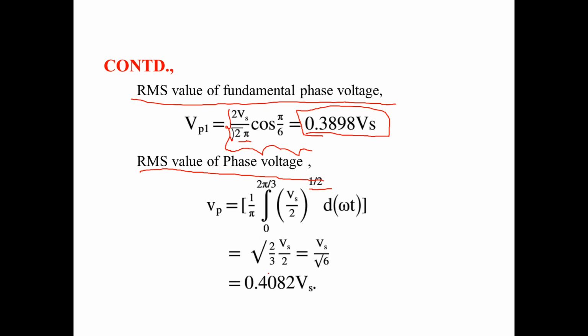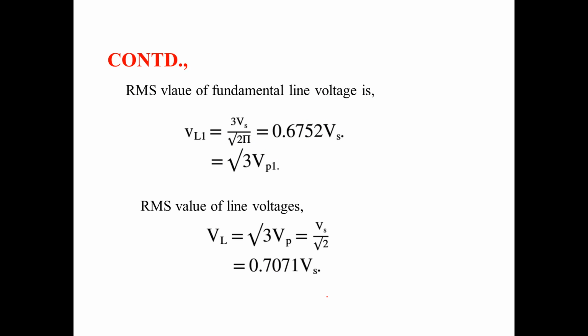After calculating the integral, the square root of 2 by 3 Vs by 2 gives Vs by square root of 6. So the RMS value of the phase voltage is 0.482 Vs.